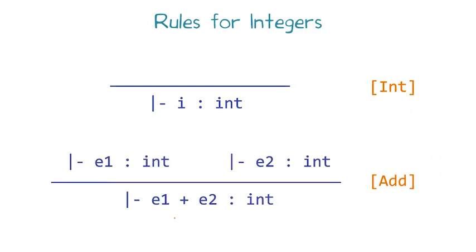The second rule we will establish is that if it is provable that E1 has type int and that E2 has type int, then it is provable that E1 plus E2 has type int. This is an inference rule schema as opposed to an axiom schema because there are more than 0 hypotheses. We will name this schema add.